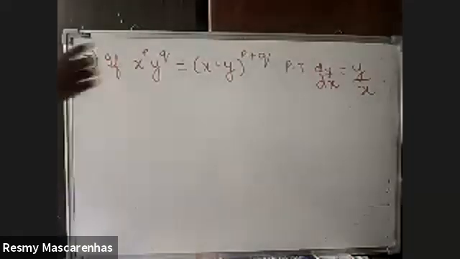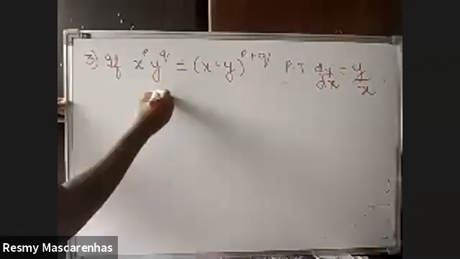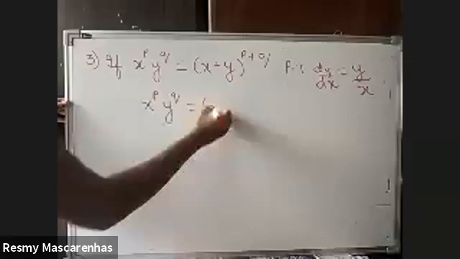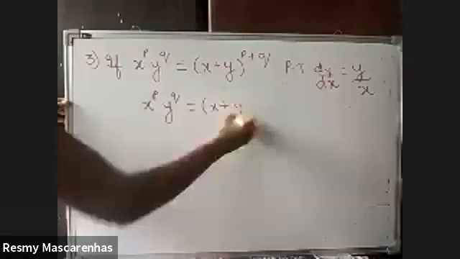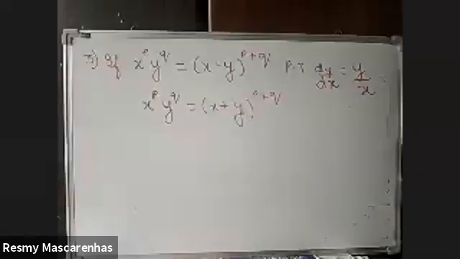So we'll start with the problem. This is the equation given: x raised to p, y raised to q is equal to (x plus y) raised to p plus q. Now there are some powers.